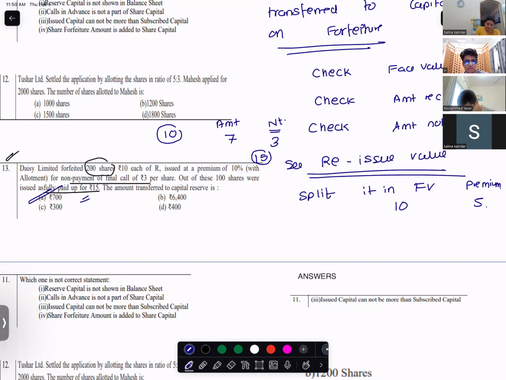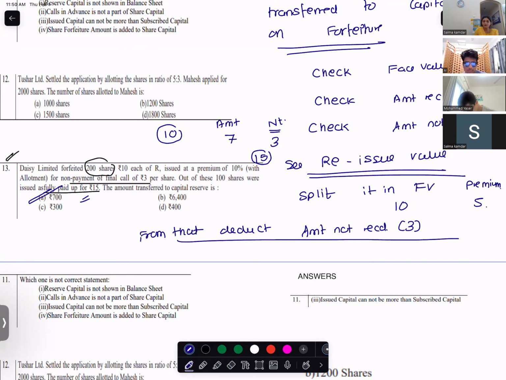See reissue value. From that deduct amount not received. So I will deduct amount not received, that was 3 in this case.